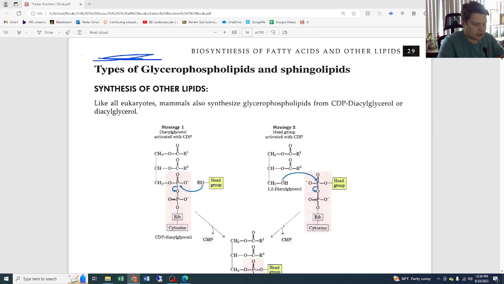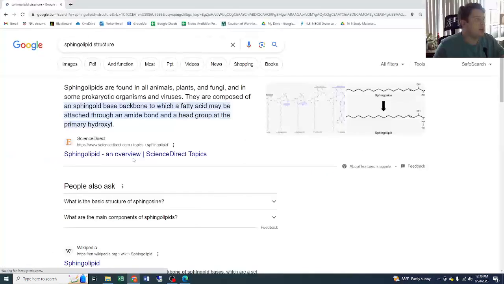Whereas our sphingolipids, let me pull up a picture of those. So sphingolipids are found in all animals, plants, and fungi, and in some prokaryotic organisms and viruses. They are composed of a sphingoid base backbone to which a fatty acid may be attached through an amide bond and a head group at the primary hydroxyl.